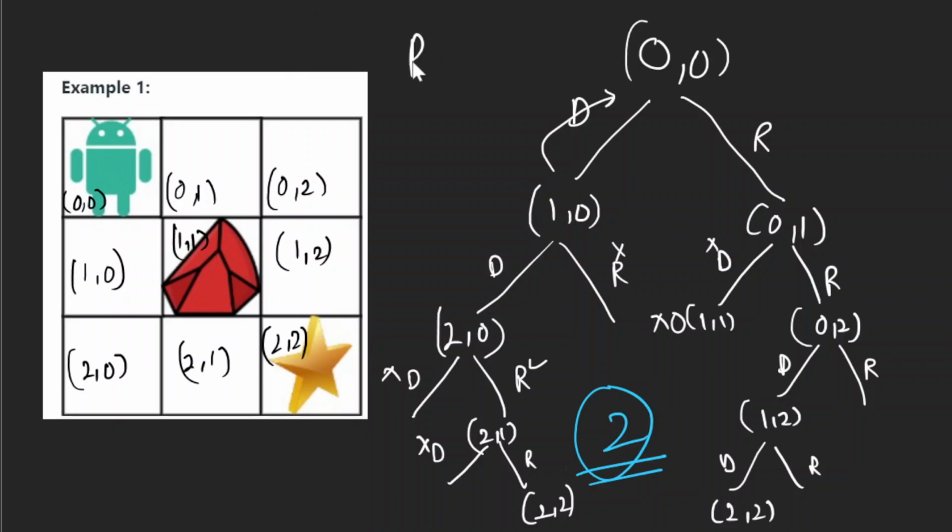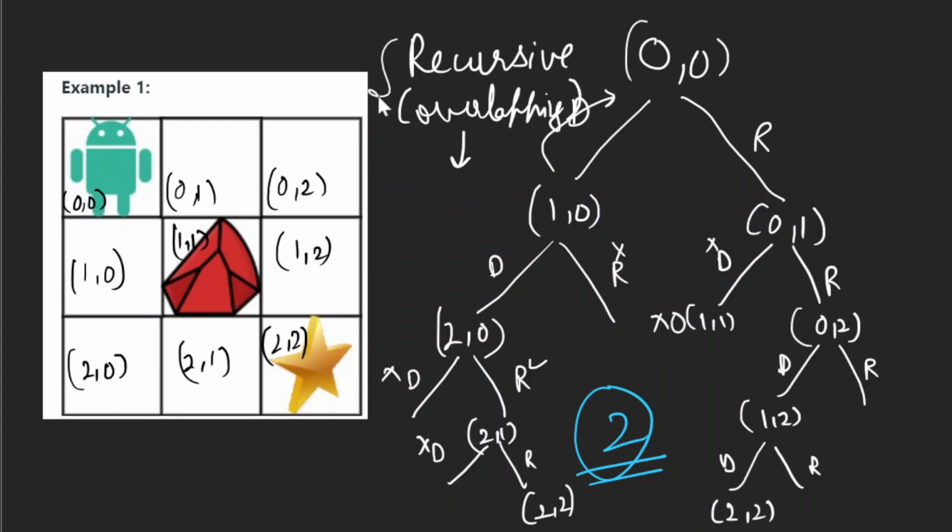And when a recursive problem is an overlapping problem, in that scenario, we have an optimization technique for this whole case, that is DP or dynamic programming, right? Let's see how we can solve this question with dynamic programming.